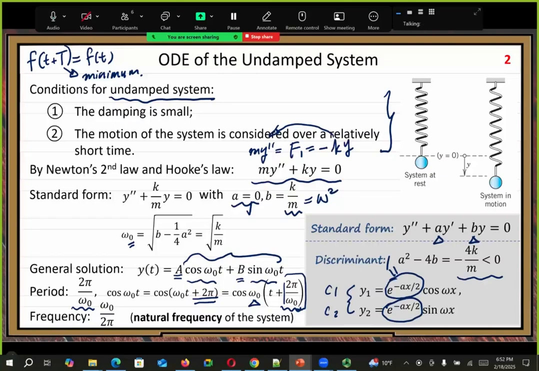Later, when we solve some other similar systems, we may get different frequencies, different from this natural frequency. The natural frequency never changes.